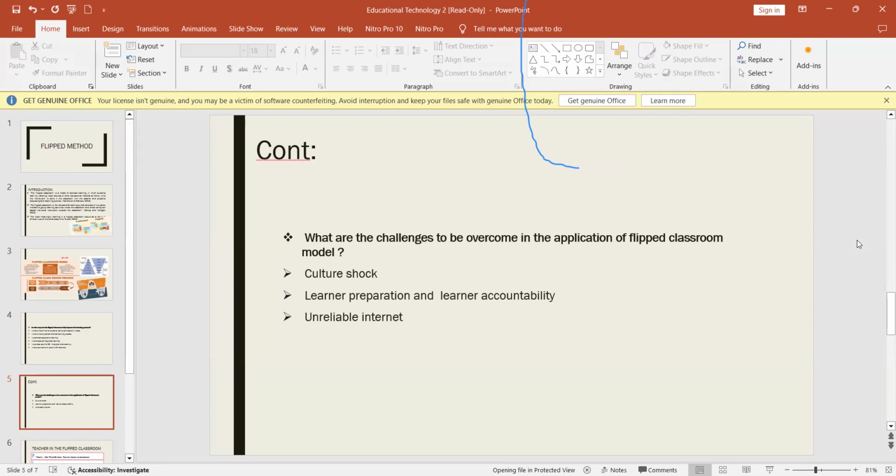Now your students are not used to this. They are used to come and listen to the teacher and get the subject matter from the teacher. But when you give something like this by flipping the traditional class, they are not used to it.